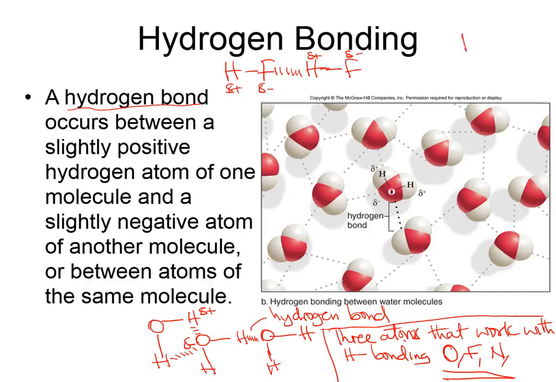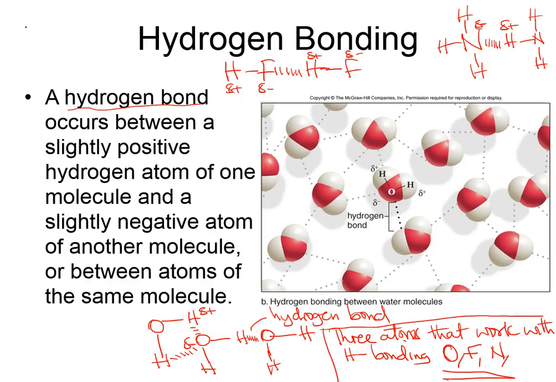Then if you have NH3, H, N, H, and another H, there will be a hydrogen bond between this hydrogen and this nitrogen. So this is slightly negative, this is slightly positive. That's how we form a hydrogen bond.